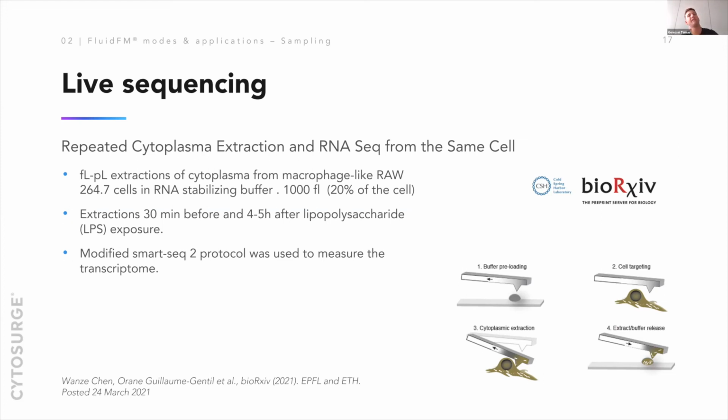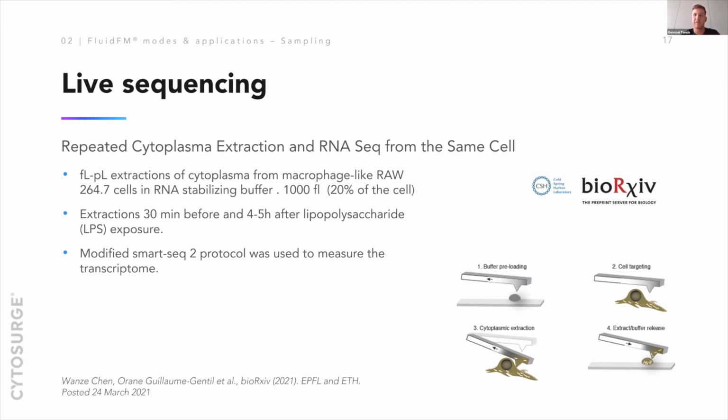Now, the very revolutionary thing about this study, of course, is that it's not just single cell, it's sub-single cell in a way, since we could characterize the transcriptome of the exact same cell multiple times. So even a normal single cell sequencing method, which has the sensitivity to sequence the transcriptome of a single cell, would at the end kill, of course, lyse the cell.